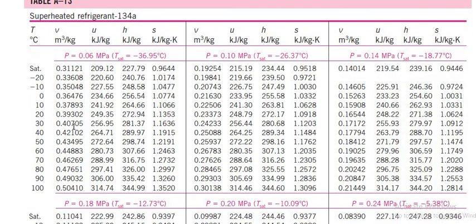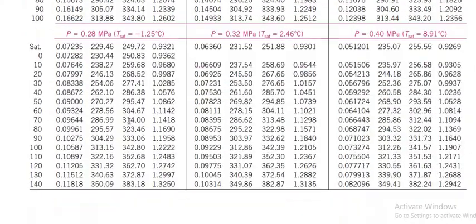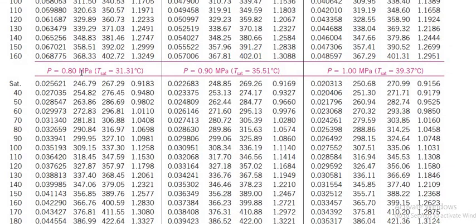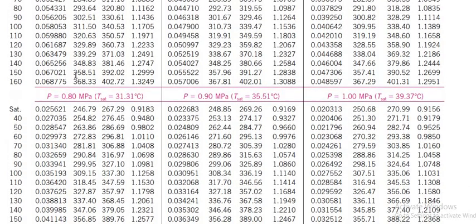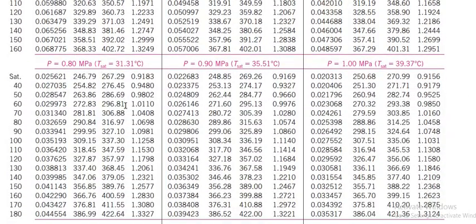So the pressure is 0.8 MPa. We will go to 0.8 MPa pressure. Here it is, and the value of S is roughly here between these two values.